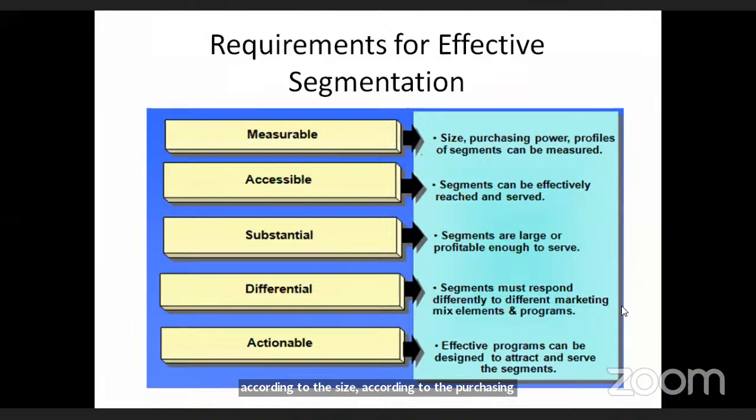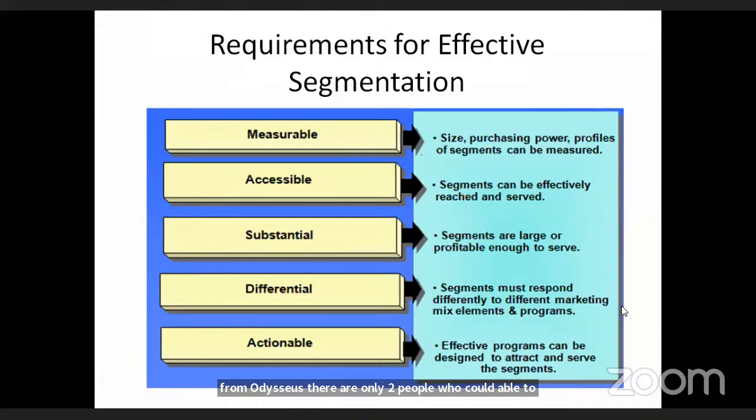Size means, for example, I want to sell a product like a Rolls Royce car. So for me, size is very small. That is a very small group in India who are able to purchase a product like a Rolls Royce car, because it is very expensive. So I know as a product maker, I can understand that from Odisha there are only 2 people who are able to buy it because they have the purchasing ability.